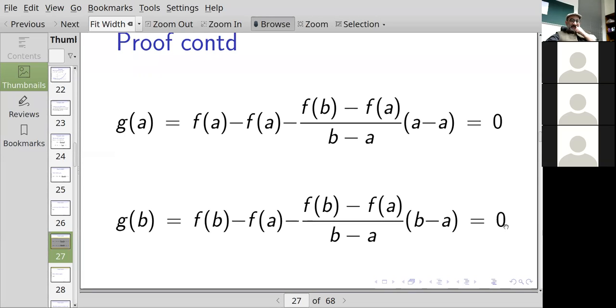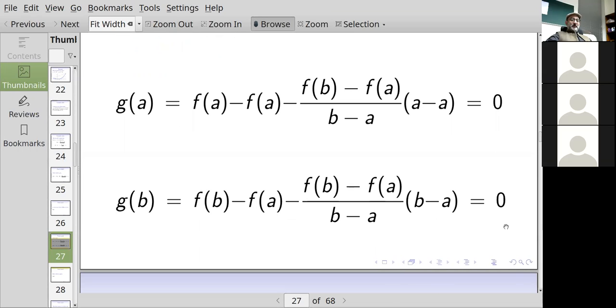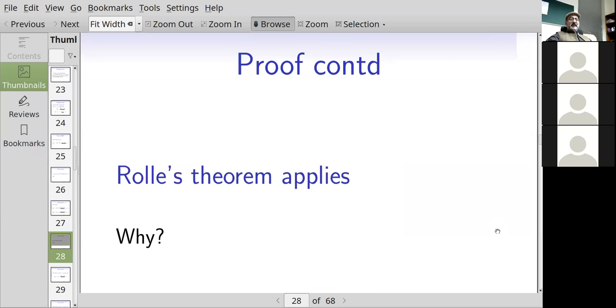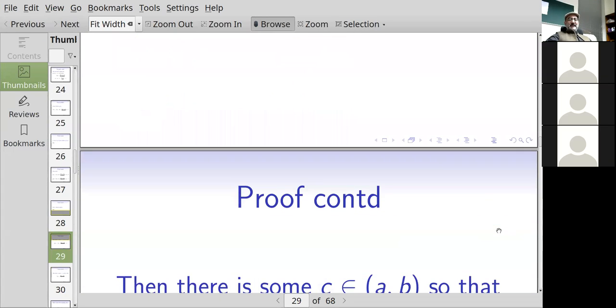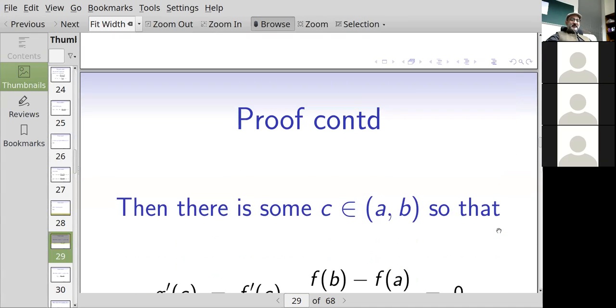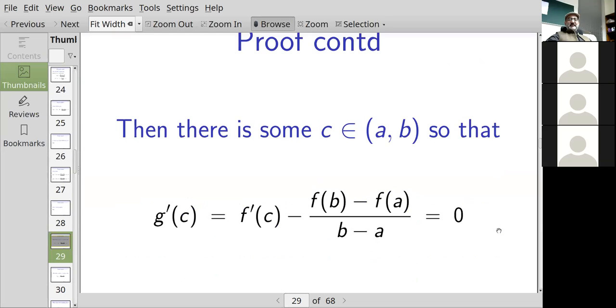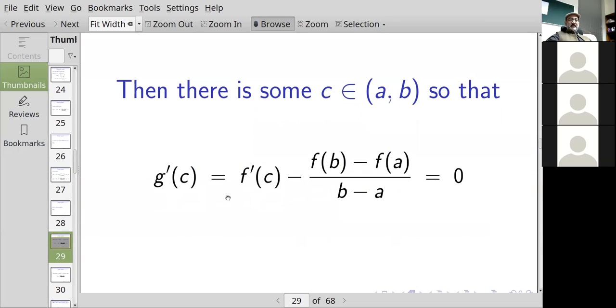Okay? So now I can apply Rolle's theorem because you have the same values at the endpoints. It's continuous on the closed interval. It's differentiable on the open interval. That means that there's some point such that g prime of c equals f prime of c minus the average rate of change equals 0.